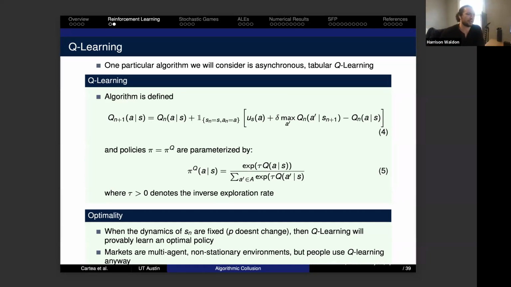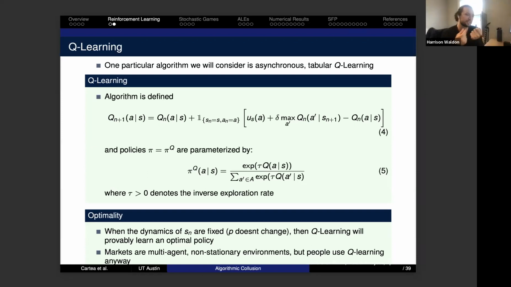We're focusing on the tabular version of this algorithm, which associates one parameter value, given by the letter Q, to each state action pair. And the algorithm updates Q values in an asynchronous fashion. That is, the Q values are only updated when a particular state action pair is realized.